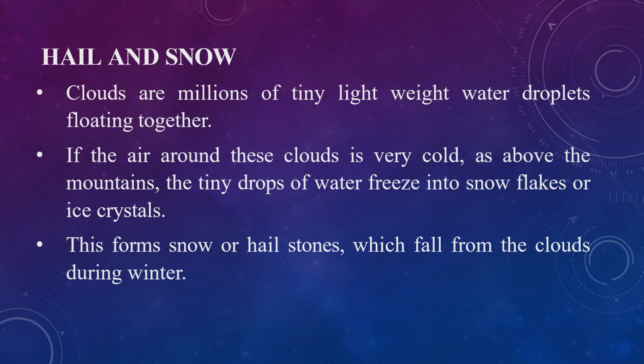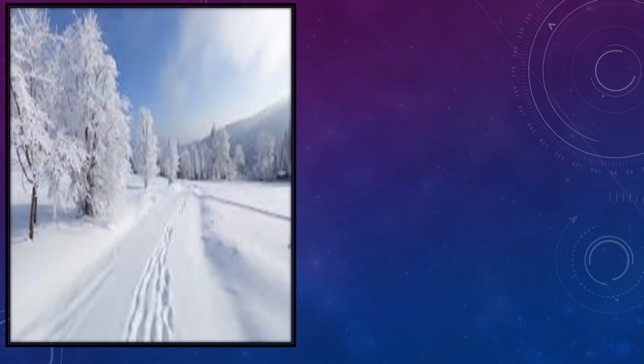And when the cloud is very heavy, then the snow or hailstone comes during the winter. This is the picture you can see. All are covered with snow. Tree, ground, everything is covered with snow.